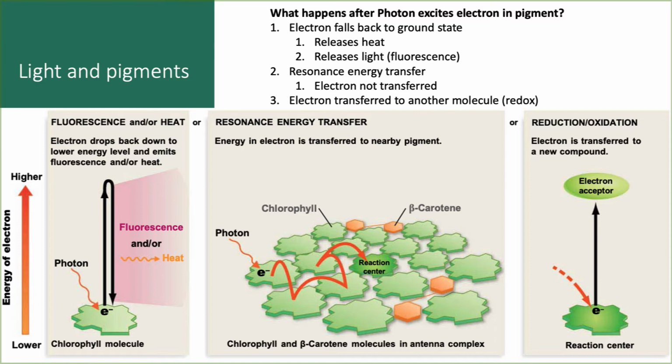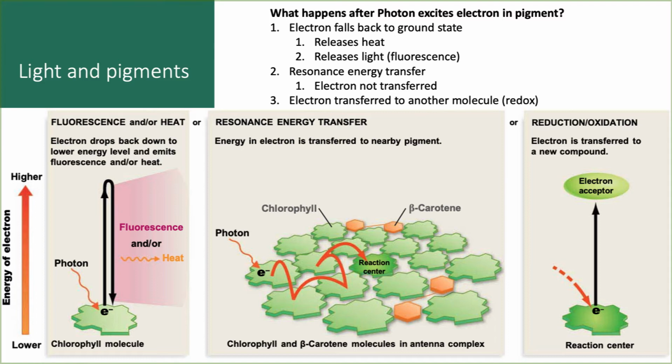In fact, chlorophyll molecules are arranged specifically to facilitate resonance energy transfer among them. The energy may be transferred around from molecule to molecule until it reaches the reaction center at the middle of the so-called antenna or light harvesting complex.